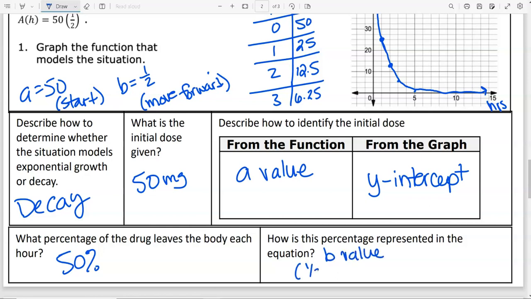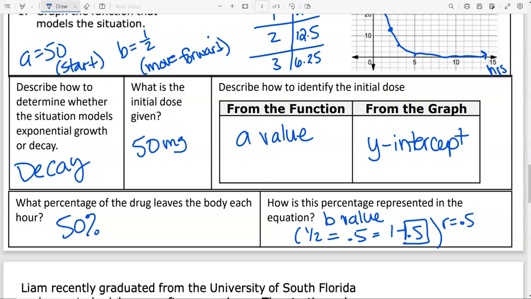Our B value was 1/2, which is 0.5, which is written as 1 minus 0.5. So that's how I know the rate. What we're losing is half. Good. So the B value was less than 1. So 50% moved on, which also means 50% didn't move on. We're losing 50%.